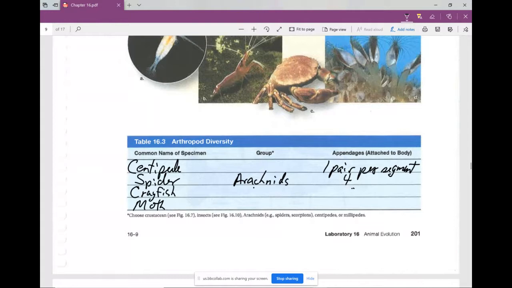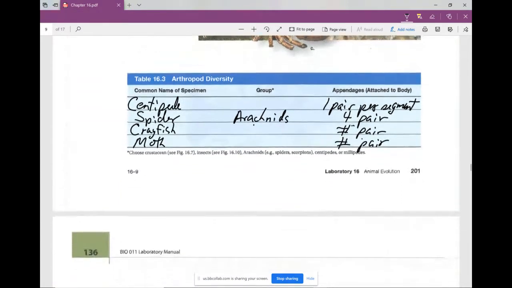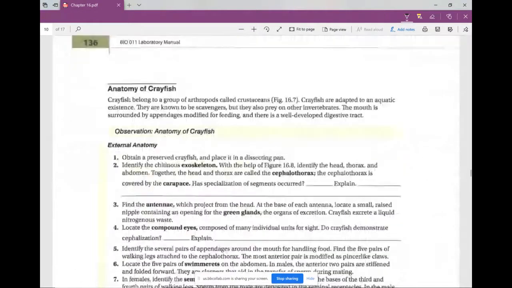You can use the fancy term, or you can use the common term, whatever you want. And how many legs do they have? How many pairs? Crayfish, how many pairs? Insects, how many pairs? That's the important term. You guys can fill that out.